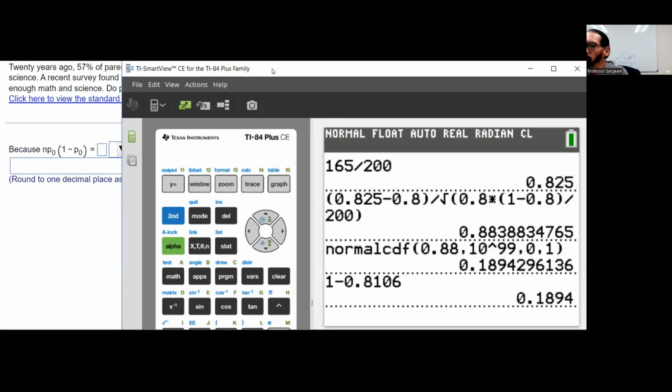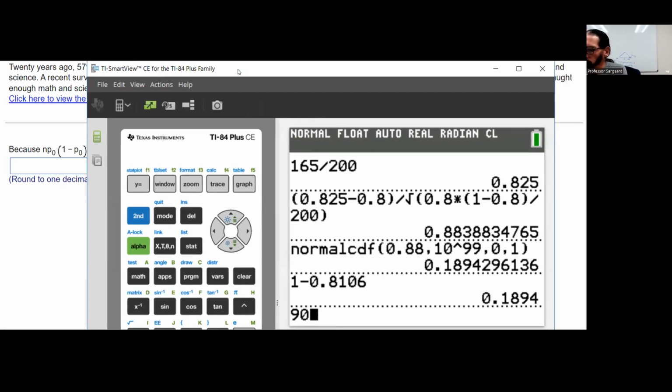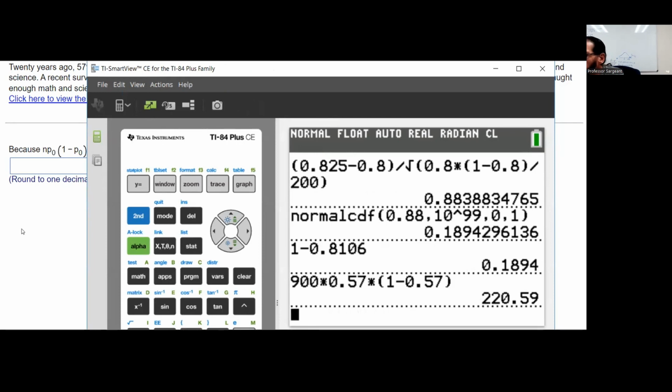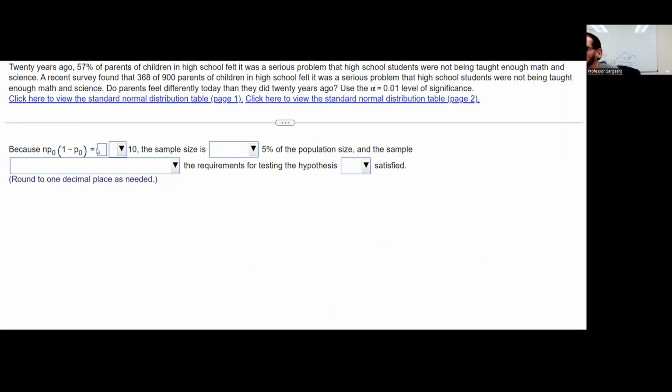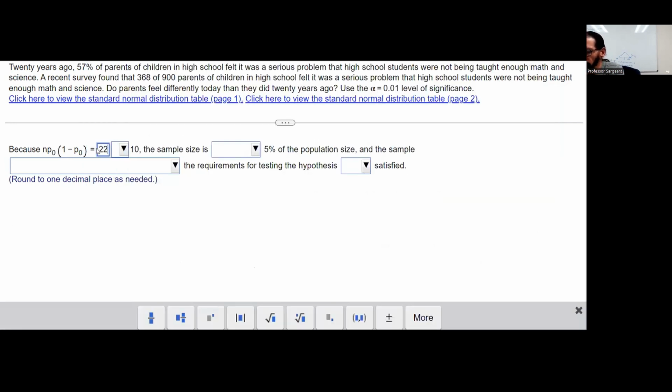The sample size was 900. And multiply by 1 minus 0.57 as well. 220.59 is greater than or equal to 10. That wants rounding.